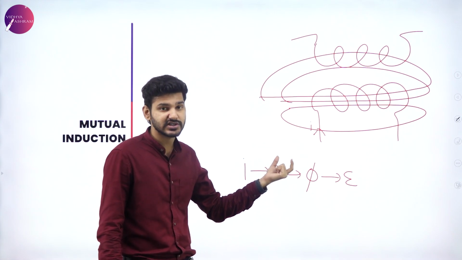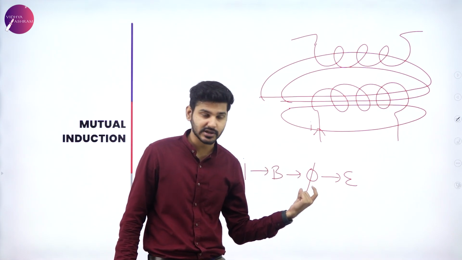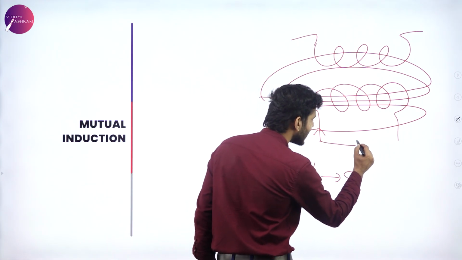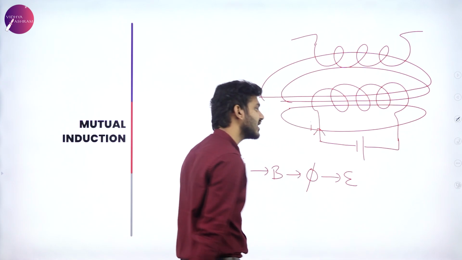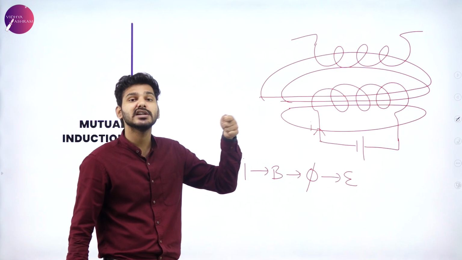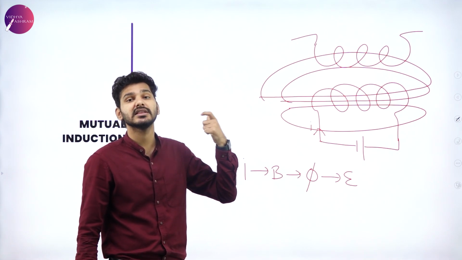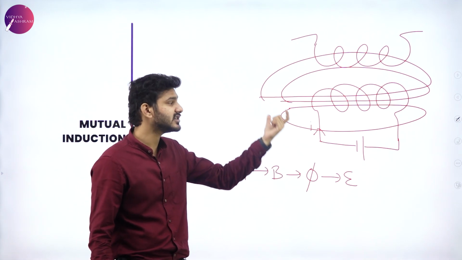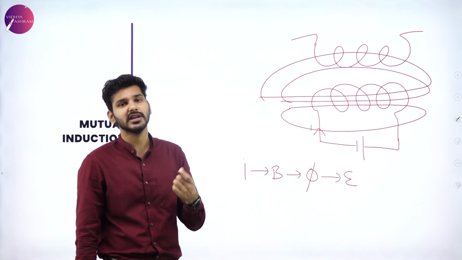If there is no change, if I'm using just a DC circuit like this, then the moment I turn it on and the moment I turn it off, there will be the induction process happening. There will be a change in flux. In between, there won't be any change.